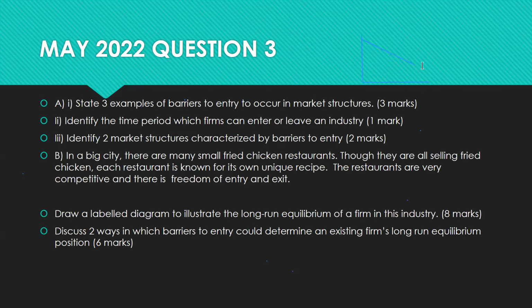I'd have to draw this demand curve, which is equal to average revenue. I'd have to draw my marginal revenue curve. I almost didn't do something very important: label my axes, price and quantity. All right, then I'll draw my marginal cost curve.